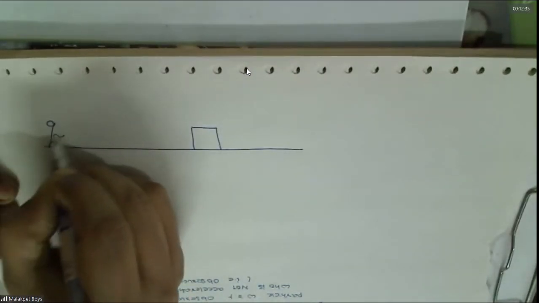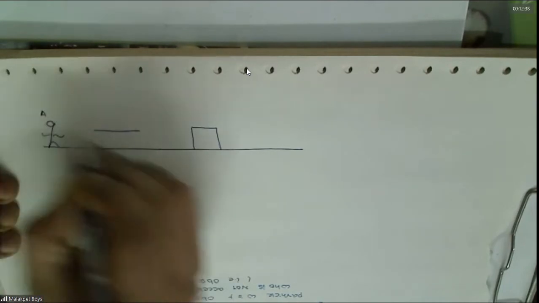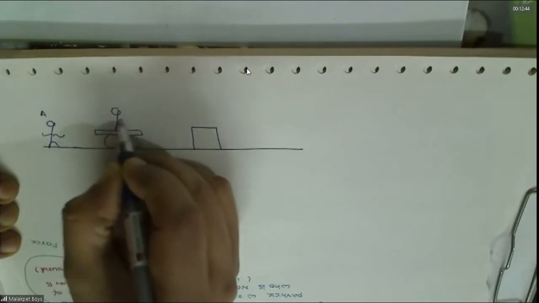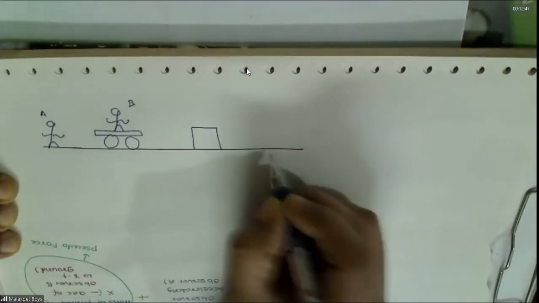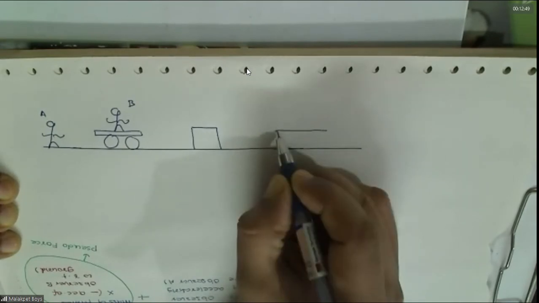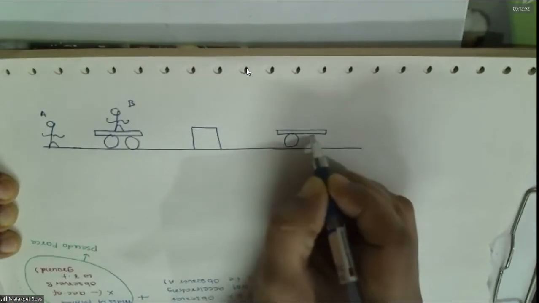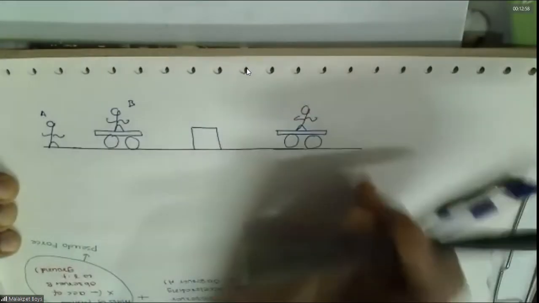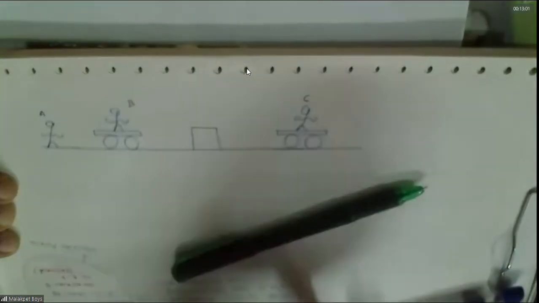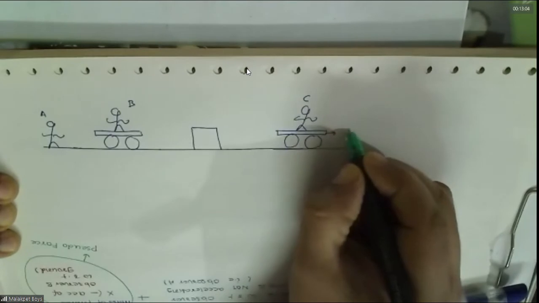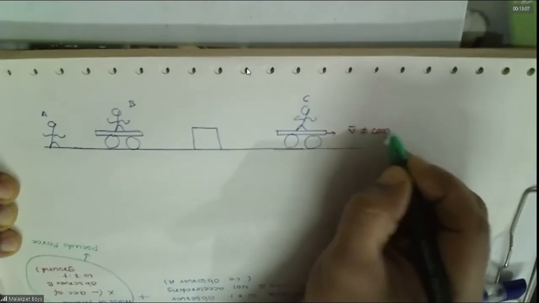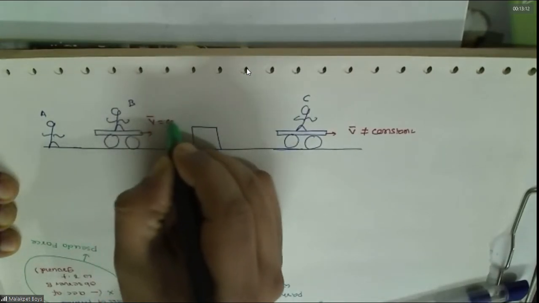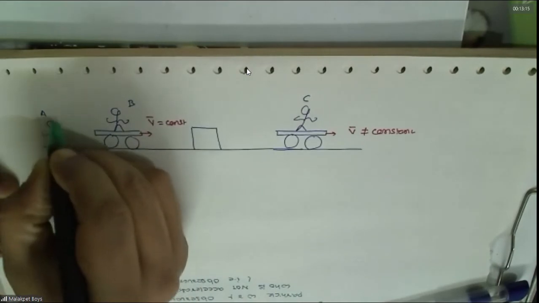This is observer A. This is observer B. This is observer C. Now this observer C is accelerating, velocity is not constant. This velocity is constant. This velocity is 0.